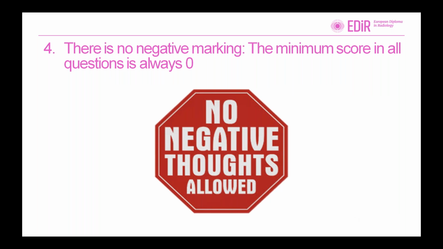So again, there is no negative marking, and the minimum score of one question is always 0. So don't worry about the negative marking. And again, if there are multiple answers possible, there is this formula to make the scoring, but the minimum is always 0. There are no negative points.